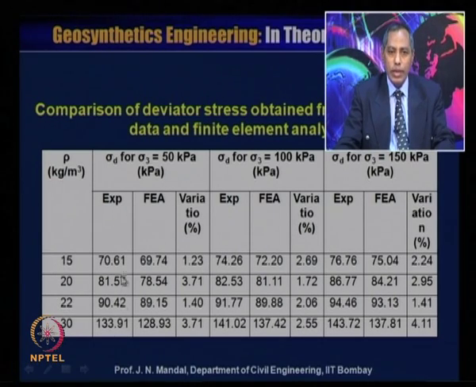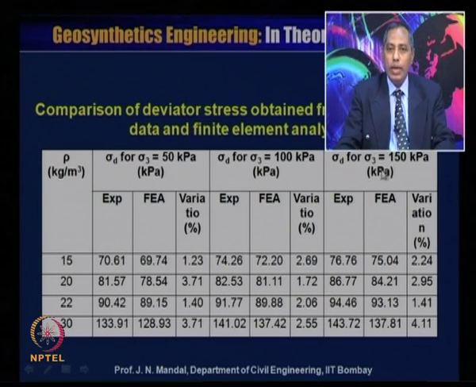In all cases you can see the experimental and finite element measure, and this is the variation, so it is well matched. When sigma 3 is 100 kilopascal, you can see experimental 74.26, and this is 72.20 by finite element method analysis, so variation is 2.69. So not so much variation.